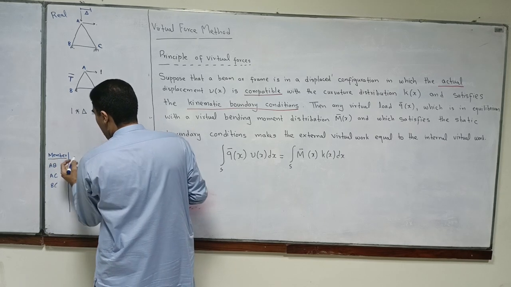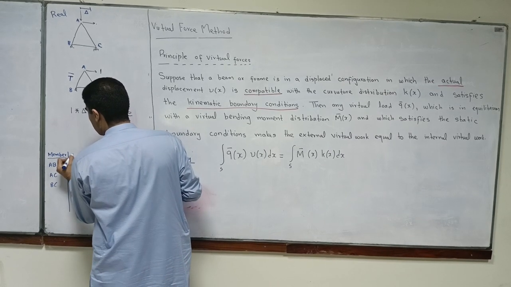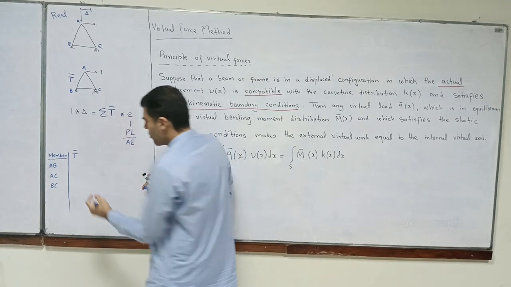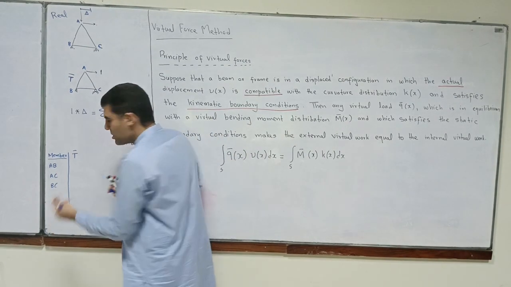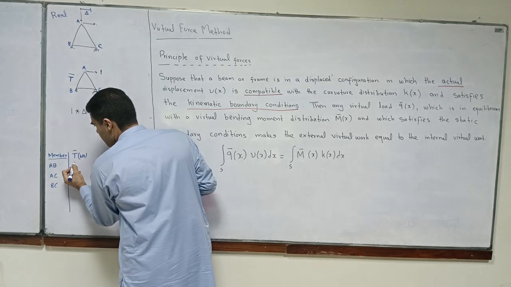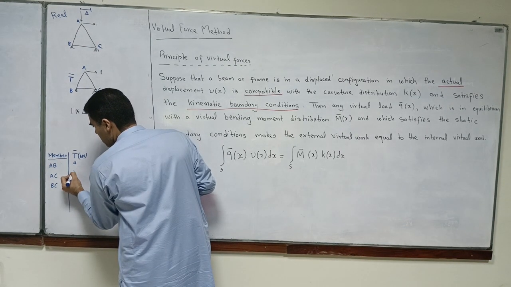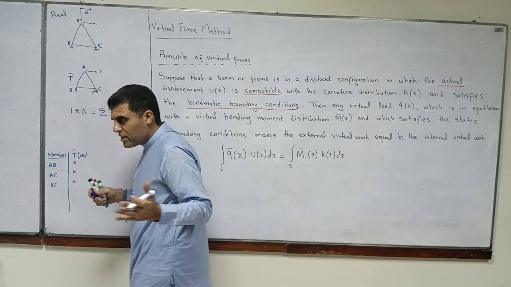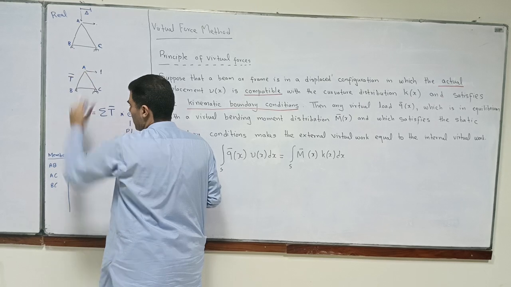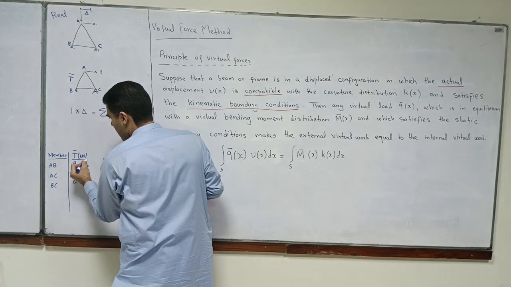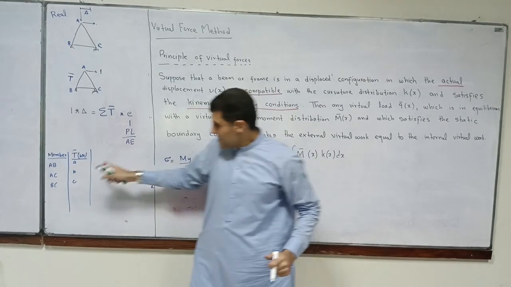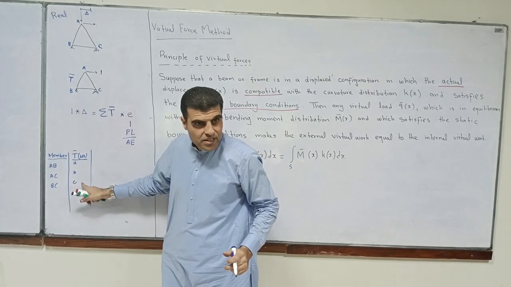Then I will have T bar, of some magnitude, imagine in kilonewton. From here we will get some value for AB and BC. This is T bar. Agreed? This is the structure analysis we will get.